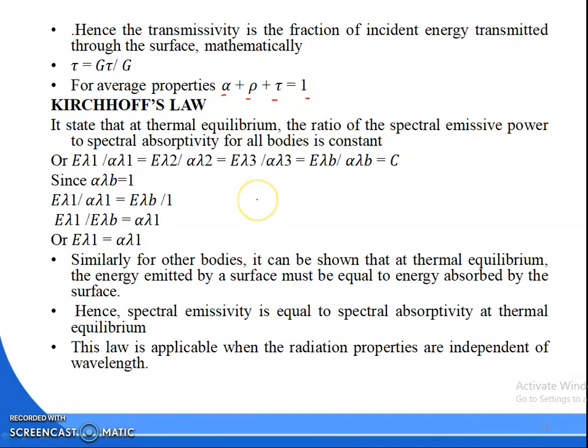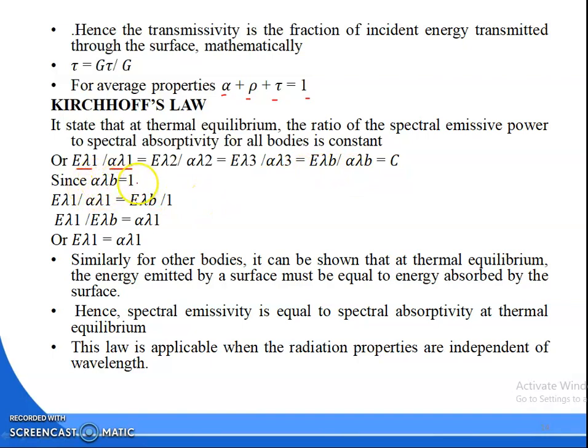It states that at thermal equilibrium, the ratio of spectral emissive power to spectral absorptivity of all bodies must be constant. So, E_lambda1 divided by the spectral absorptivity alpha_lambda1 is equal to E_lambda2 by alpha_lambda2, equal to E_lambda3 by alpha_lambda3, equal to E_lambda_b by alpha_lambda_b, equal to a constant.